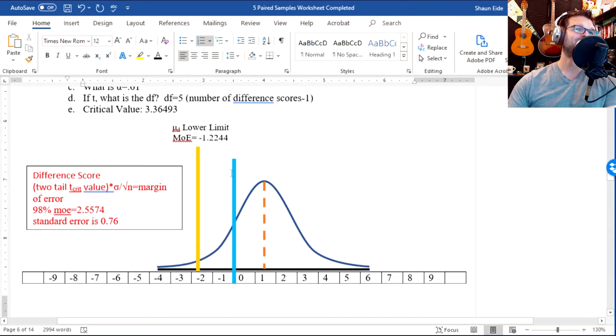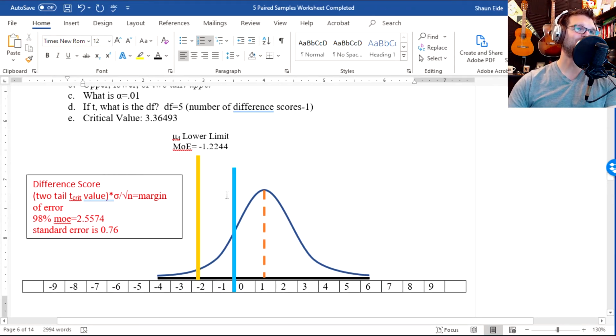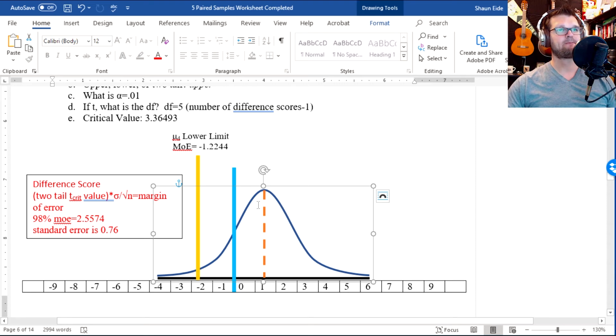So this is a visual of it, right? This is the margin of error, the lower level of a 98% margin of error, and so that's negative 1.2244. This is 0 right here, and this is the distribution. In order to reject the null hypothesis, we would need it to look like this.